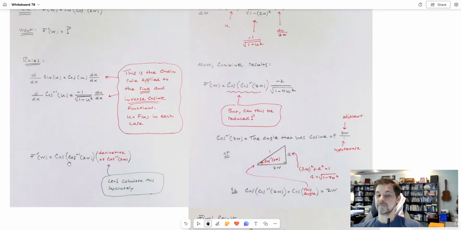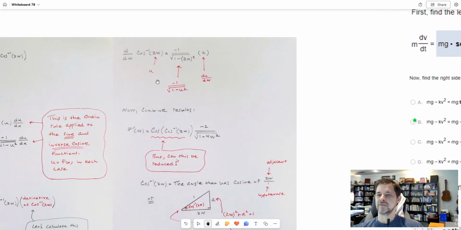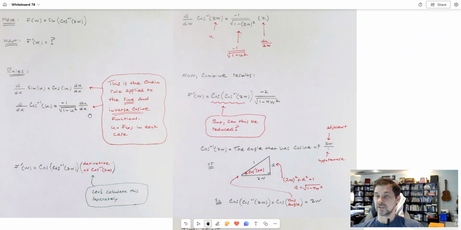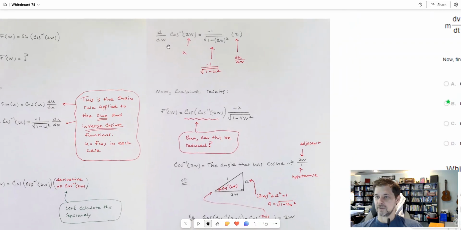Where do we go from there? Well, I need to calculate this derivative of cosine inverse of 2w, okay? Let's just do that separately and then we'll come back. So, all right, what's the derivative of cosine inverse of 2w? Well, that's where this other rule comes into play. All right, so I see that in that context that the 2w is the u, okay?